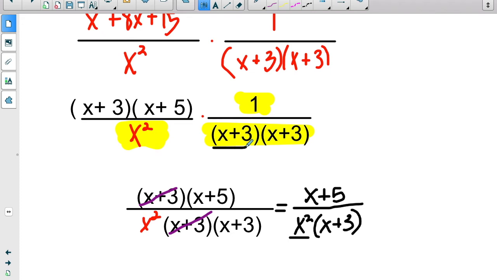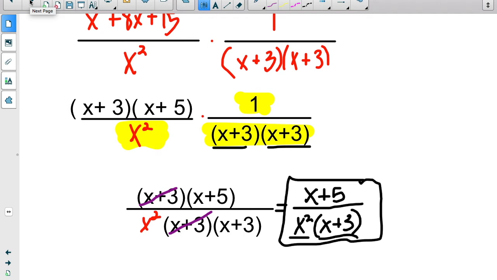X plus 3 and x plus 3, well, there's still an x plus 3 in the denominator, so we're good there. It's still considered a restriction, and 1. So all the restrictions that we could have are still listed in the denominator, the bottom of the fraction of our solution. So we don't have to list any restrictions for this here. So we're done.